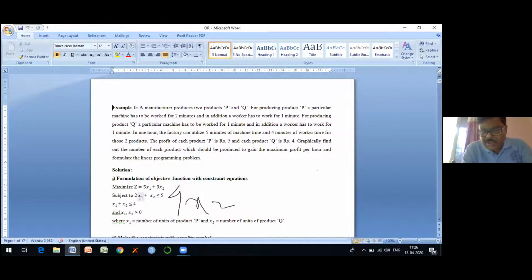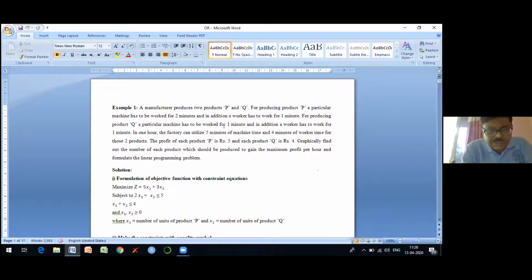So for X1 quantity of P product, you require 2x1 machine timing, as well as for product Q, you require 1 minute, right?